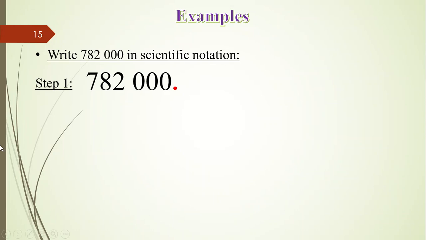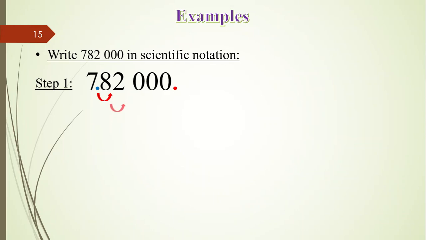So the first digit in 782,000 is 7, so we can put a decimal point beside 7, okay? Here we count the number of places the decimal point is shifted from the new decimal point, which is in blue, to the old one, which is in red, okay?